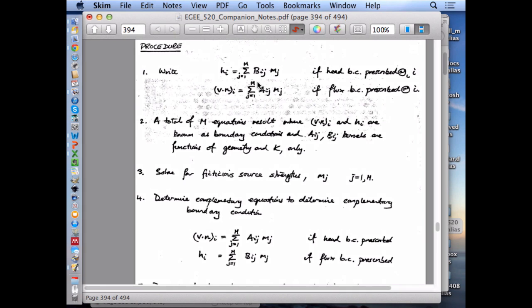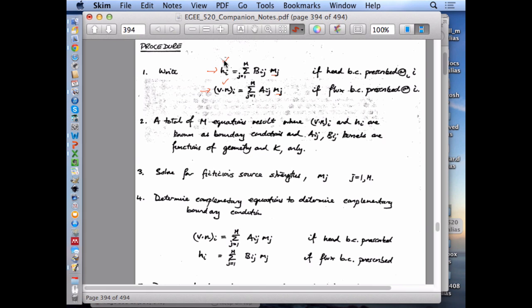We want to be able to define the boundary conditions at every point around the boundary, and we want to solve by placing a source at every single point around the boundary to solve for each one of these boundary conditions. So places where we have heads prescribed, we'll use this equation. Places where we have velocities prescribed, we'll use this equation.